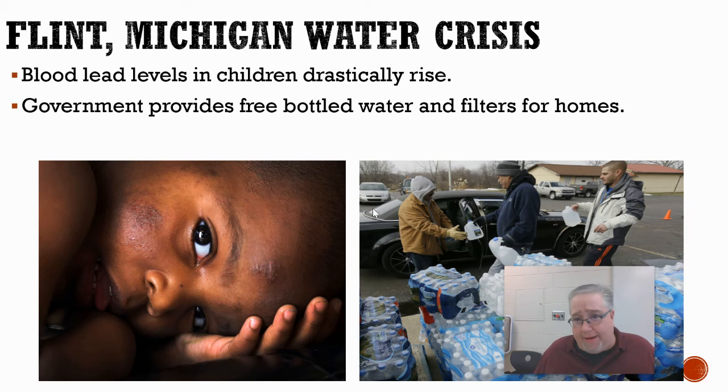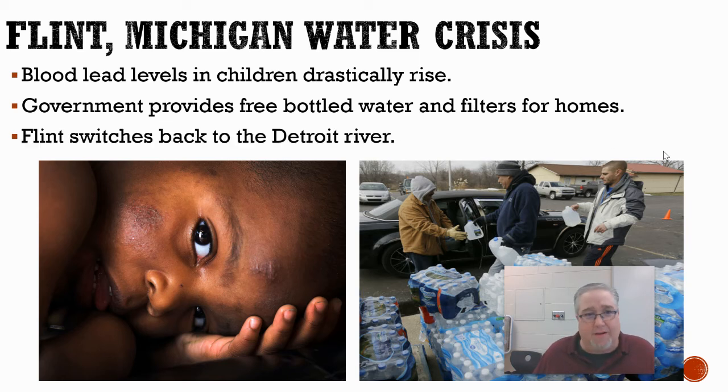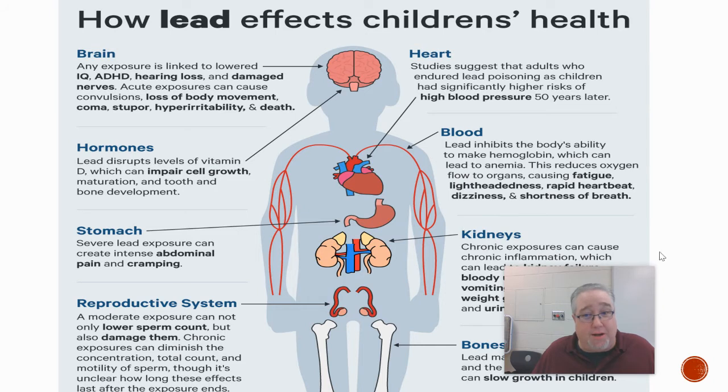So they complained and said, hey, our kids are getting sick, people are getting sick, people are losing their hair. So the government said, well, we'll give you a bunch of free bottled water, and we'll give you some filters that'll maybe help filter the lead out, which were totally ineffective. And then they said, well, we'll just switch back to the Detroit River. We'll do that too. But in the meantime, a bunch of people got really sick.